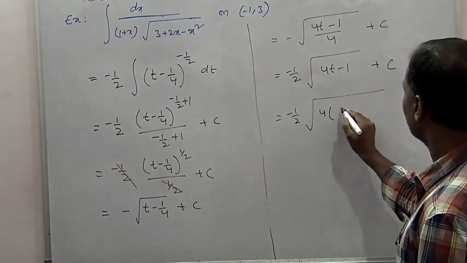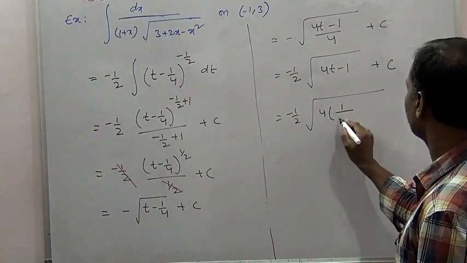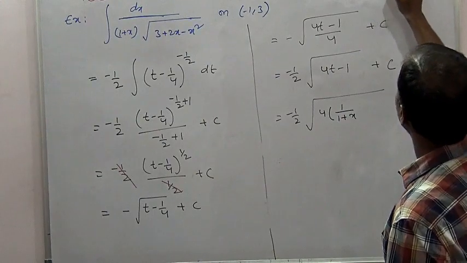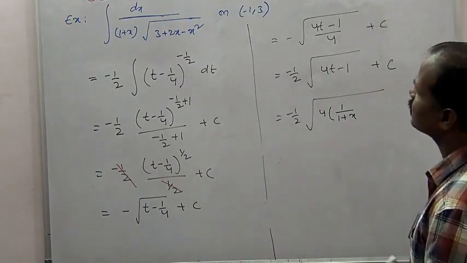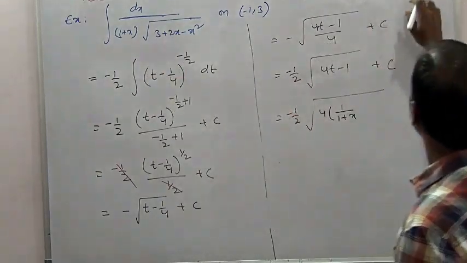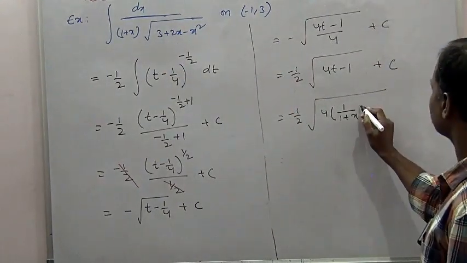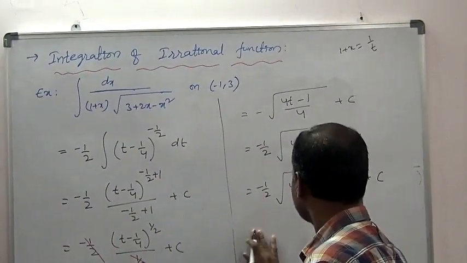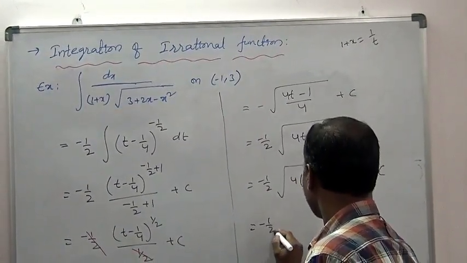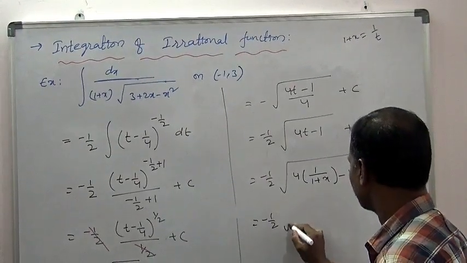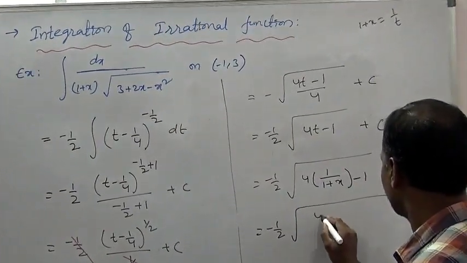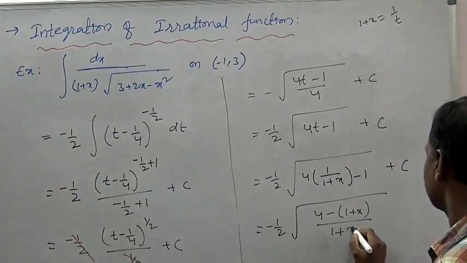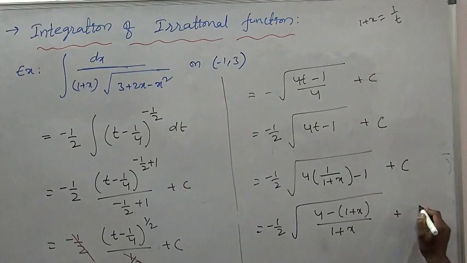4 into what is t? t equals 1 by 1 plus x, because we considered 1 plus x equal to 1 by t. So t equals 1 by 1 plus x. So this is equal to minus 1 by 2 square root of 4 by 1 plus x minus 1, plus c.